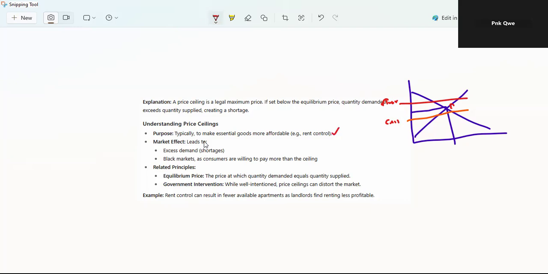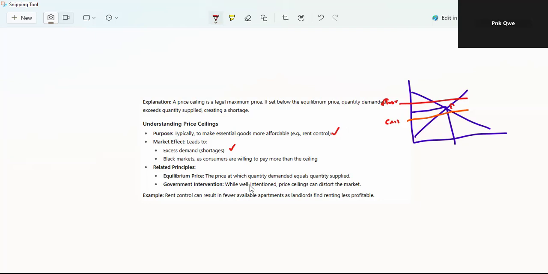This will lead to inefficiencies in the market, leading to excess demand. So there'll be more demand than supply. The supply is on top, so there'll be more demand and less supply. So this will cause a shortage.